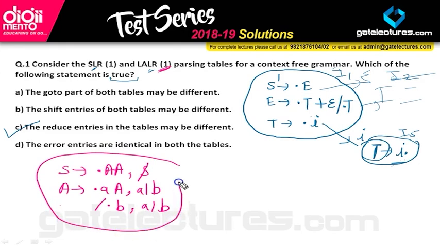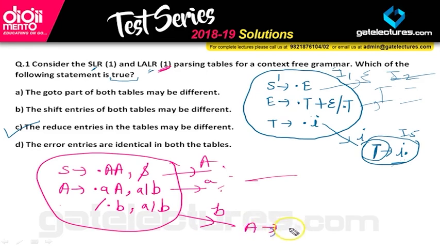Again we don't care about the other entries. Let's focus on this one entry only, because this is directly giving me the reduce move. So for B, it will give A gives B dot for the look ahead symbols A and B.